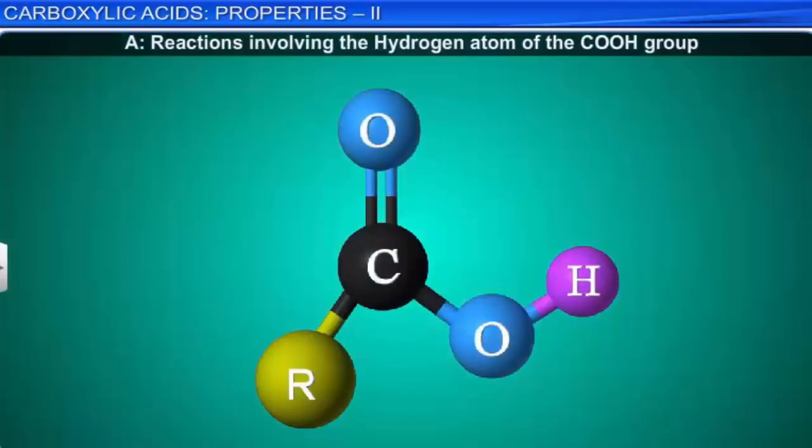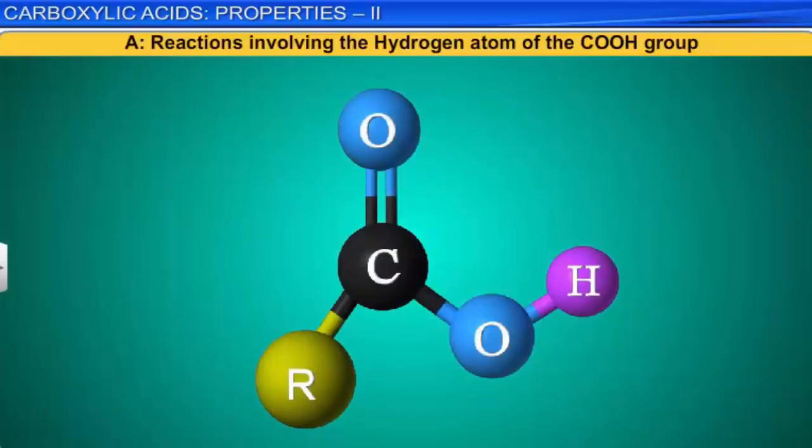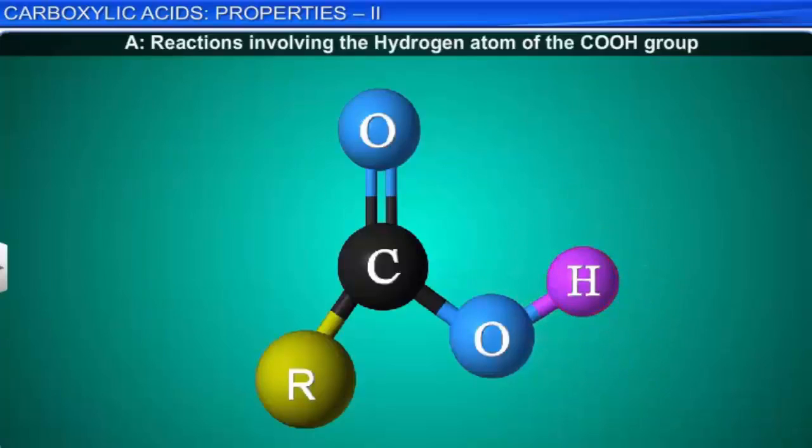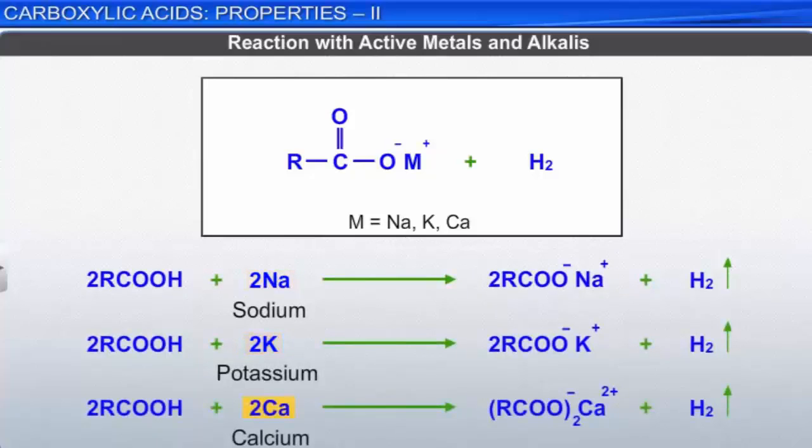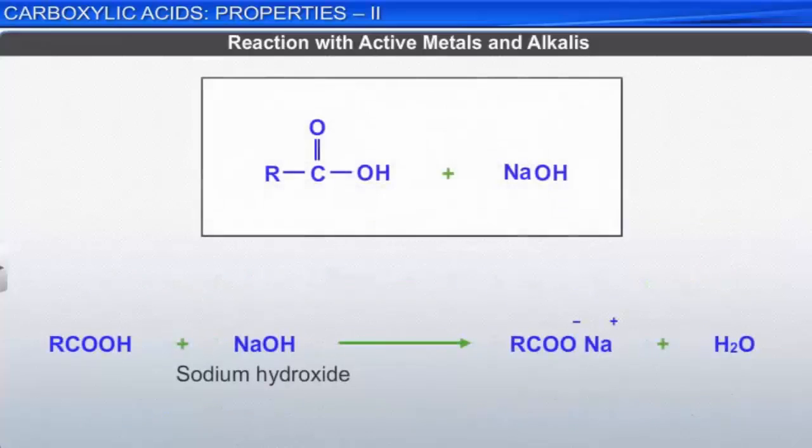Let us examine the reactions involving the hydrogen atom of the COOH group first. You already know that monocarboxylic acids evolve hydrogen with strongly electropositive metals such as sodium, potassium and calcium, and form salts with alkalis.